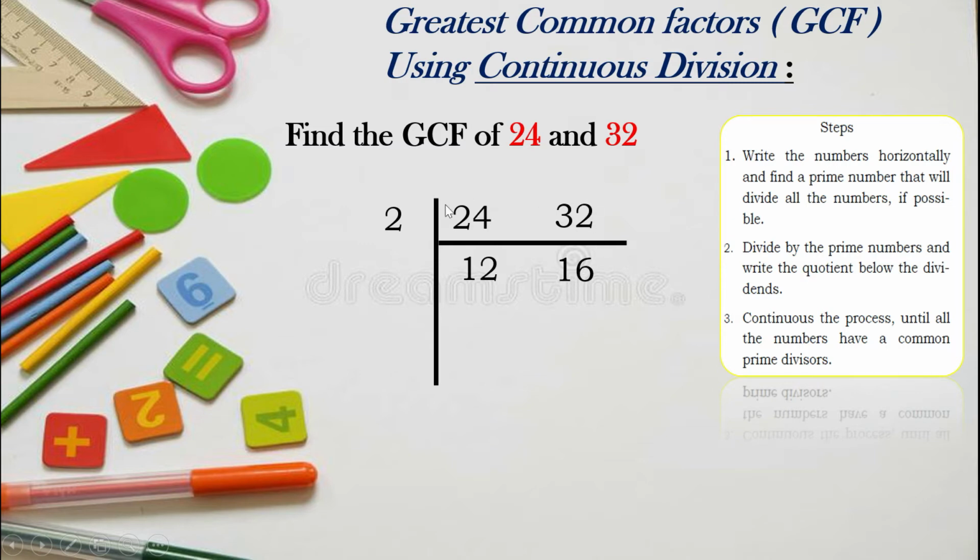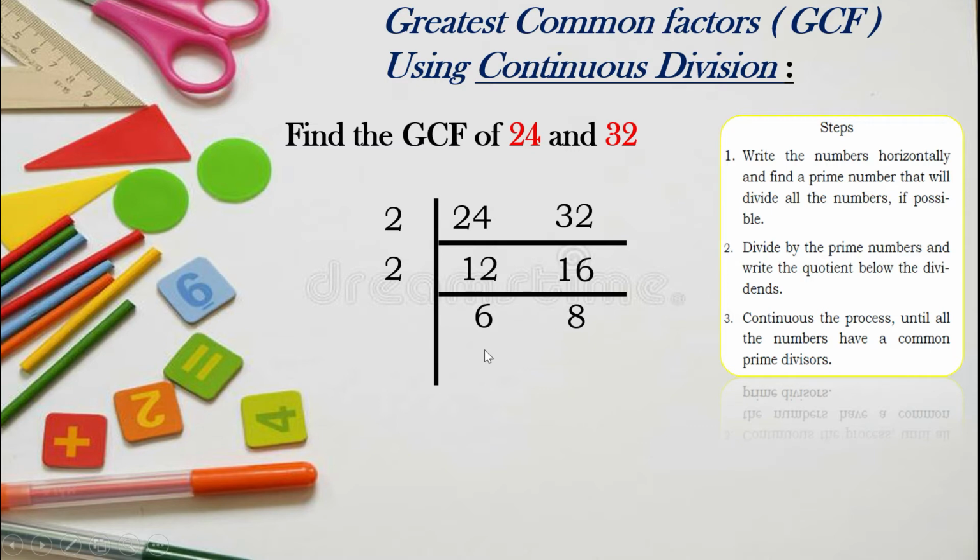Then, think of another divisor, 2 again. Because as you can see, 12 can be divided by 2, and 16 can be divided by 2. Yes. So, let us use 2 again as a divisor. Divide again: 12 divided by 2 is 6, and 16 divided by 2 is 8.